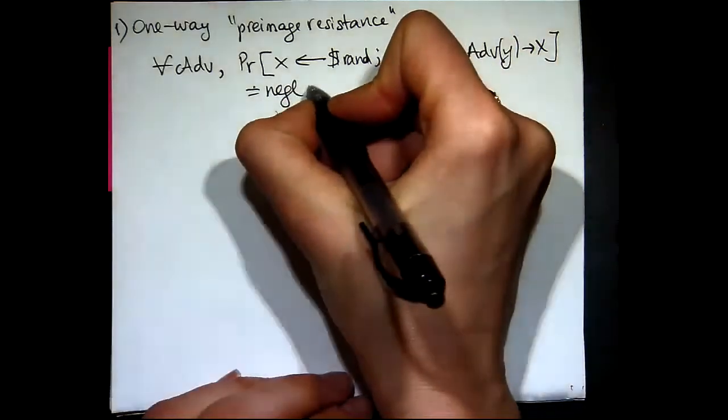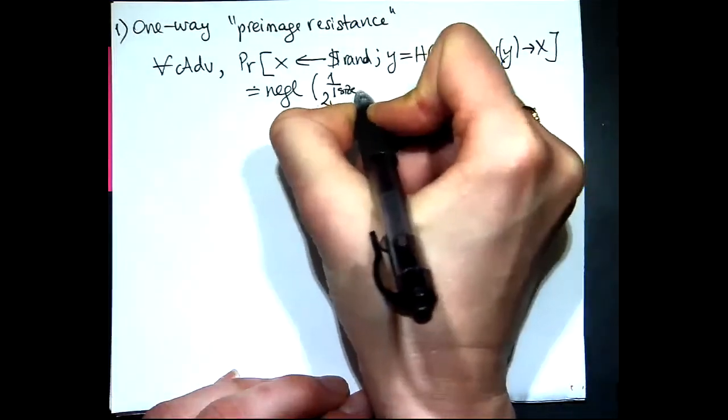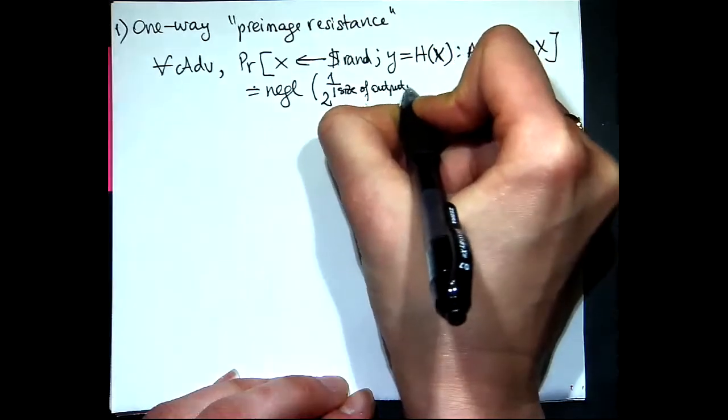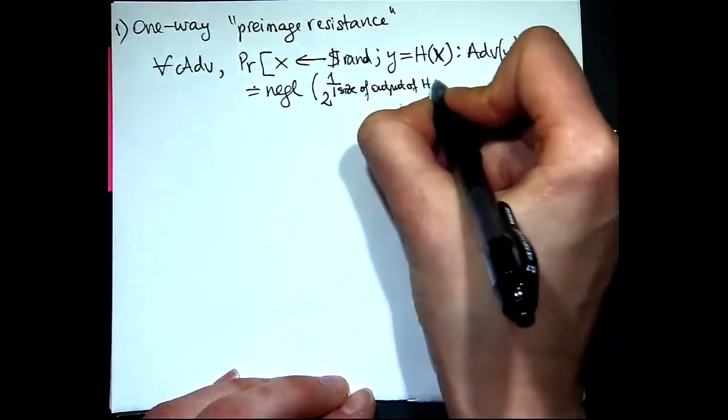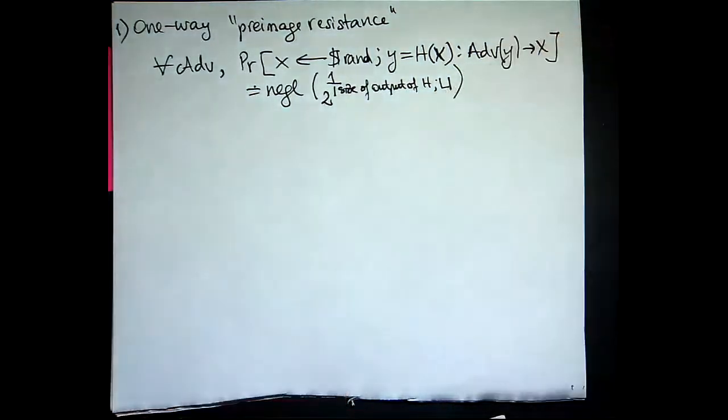And in particular, this negligible, you can think of it as being 1/2 to the size of the output of H, right? So something like L. You can think in terms of that, right? So it's really 1 over an exponential. It's really negligible. Or you can think of it as 1/2 to the key size K in IND-CPA.